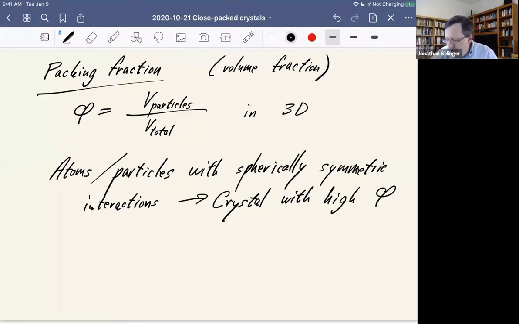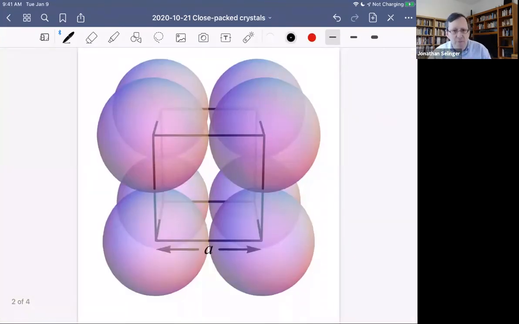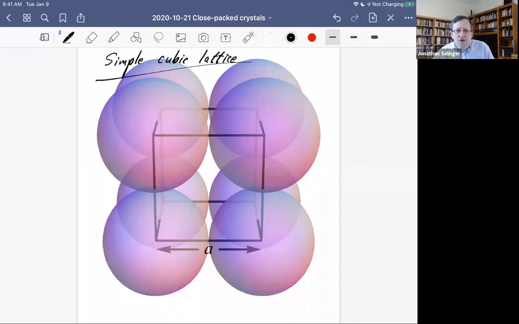Okay, so let's work out an example of how to calculate this. Suppose we have a simple cubic lattice. So in this lattice, I imagine shrinking the size of the cell down to the bare minimum so that the spherical particles are just touching each other without overlapping each other.